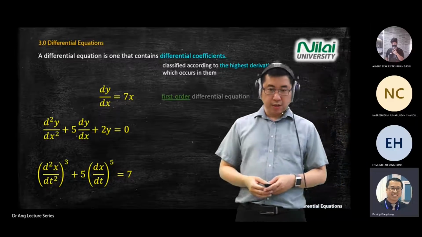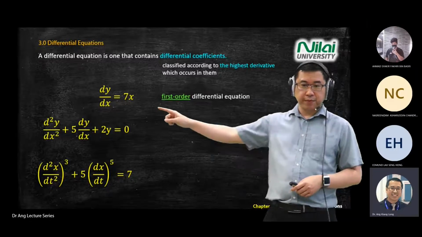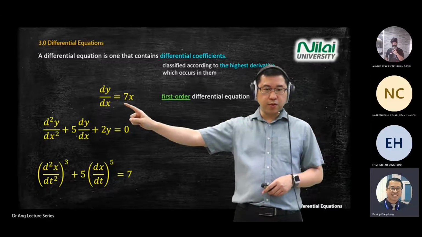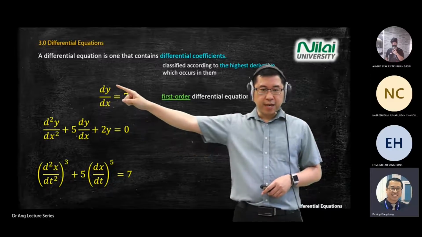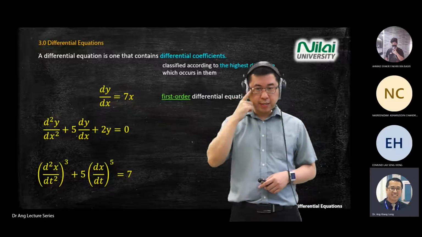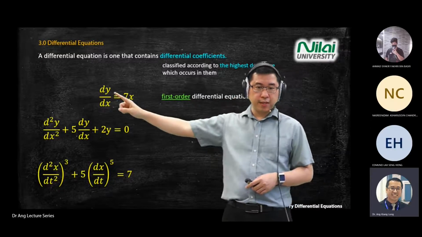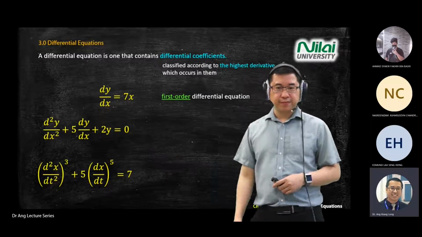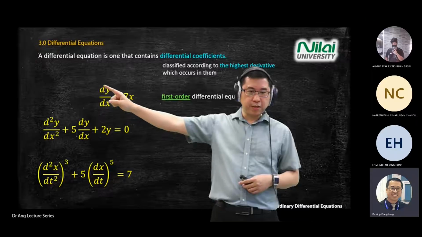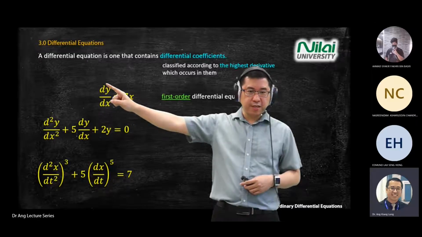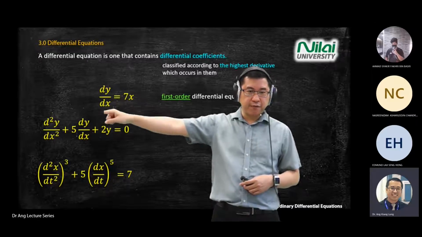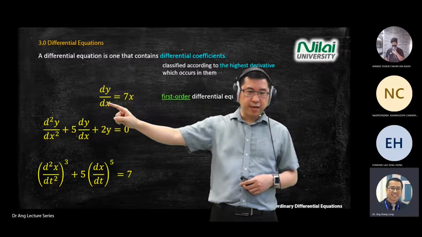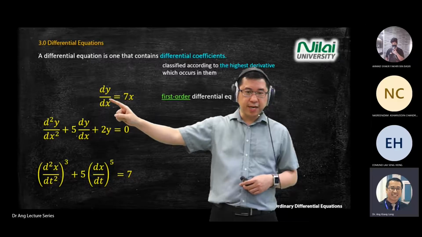The first type of equation that you've seen so far is dy/dx equal to something. The highest order that you see in this differential equation is 1, if you compare it to the second equation. The d above here is 1, and the dx here is also 1.